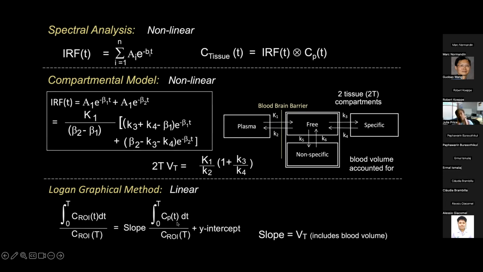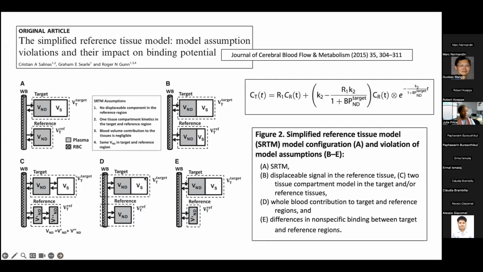And you're familiar with the linear graphical method, where the slope is the volume of distribution when the equations are linearized in this manner. Okay, I just wanted to talk very quickly. I apologize, I have a lot of slides here.